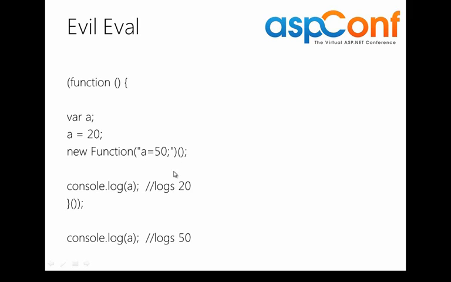But since this executed in the global scope, what this has done is added a variable called a to the global object. It's now a global variable. So when you go outside of that scope and do console.log a, it's actually calling the global a variable that was created when this code executed. So that logs 50.